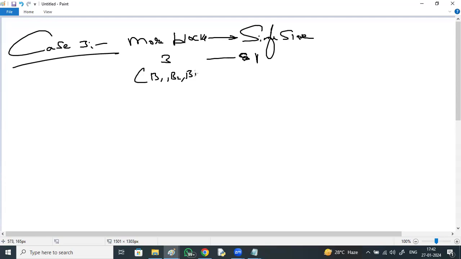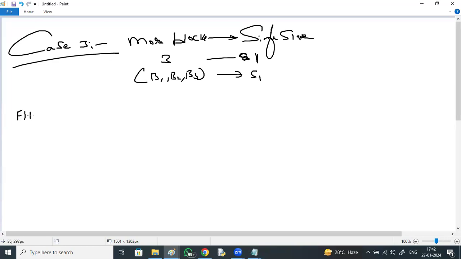B1, B2, B3 are the 3 blocks, and there is a single slave, S1.